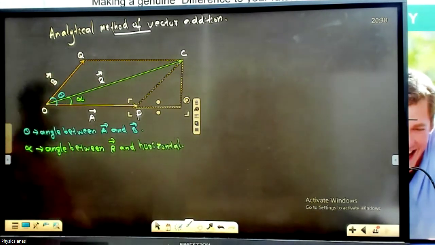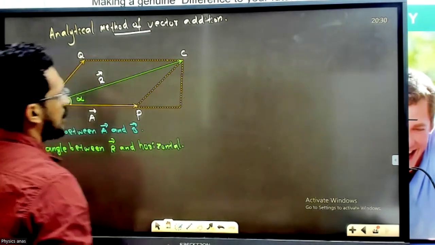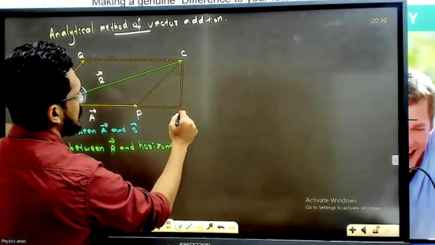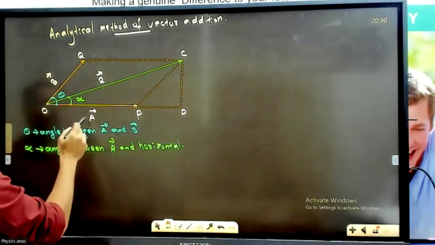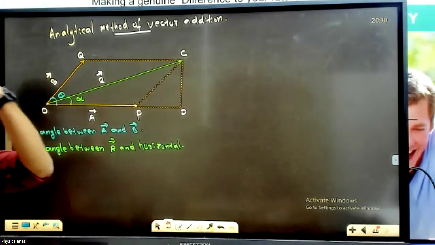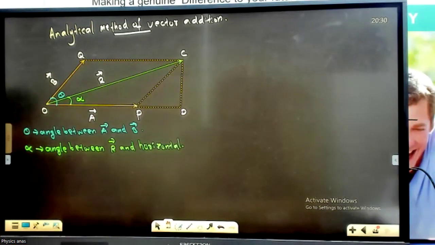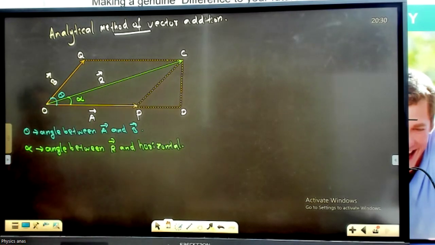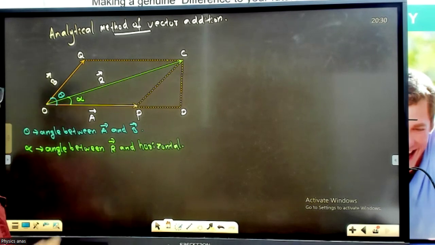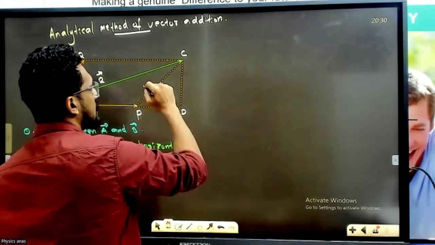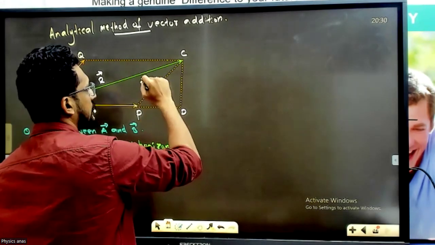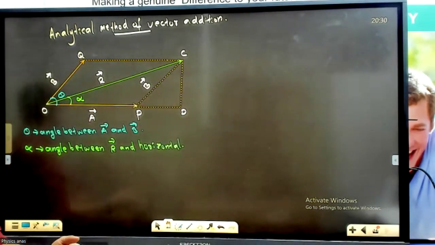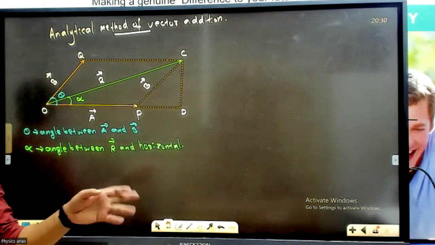Then I'm taking this point as D. So A, B, C, D. This is not repeating, that's why I took it as D. And if this is B, this also will be B, because of the identities of a parallelogram: opposite sides will be equal and parallel.